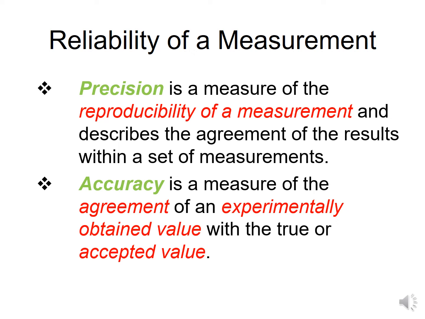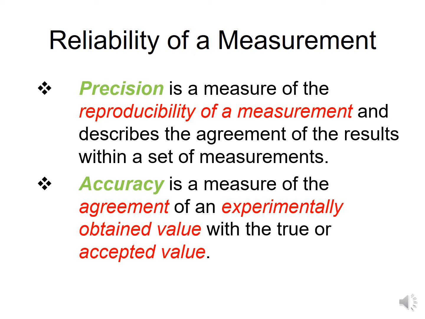So this average is intrinsically a better value than the individual measurements. And now you compare this average to some accepted value, that is, a value that is known from some other experiment for that weight or mass that you measured on the balance. And if your experimental value agrees with the accepted value closely, then you say that it's an accurate measurement. And if it doesn't agree closely, it's not an accurate measurement.